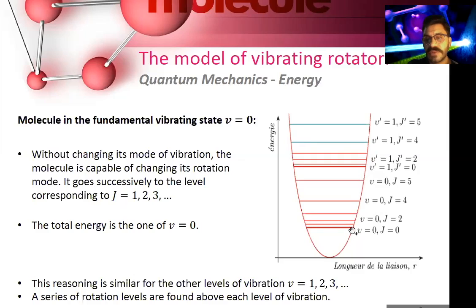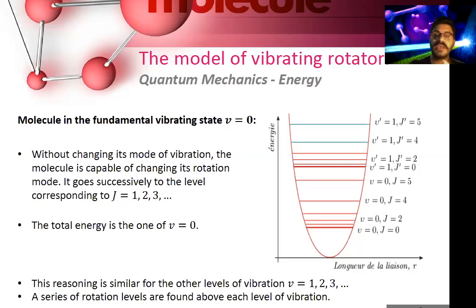And you notice that for the rotational energies, we can have different rotational states. The molecule could actually rotate with different energies while still vibrating at the same level of vibrational energy. So V can still be equal to 0. This gives a certain energy of vibration, but J can change.